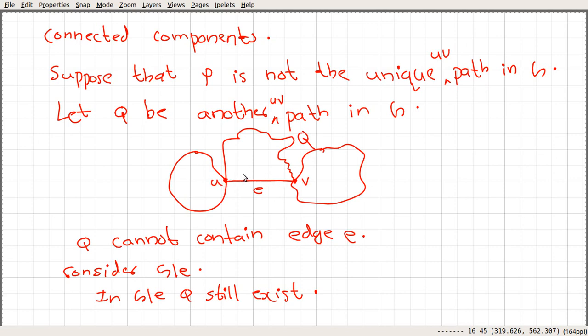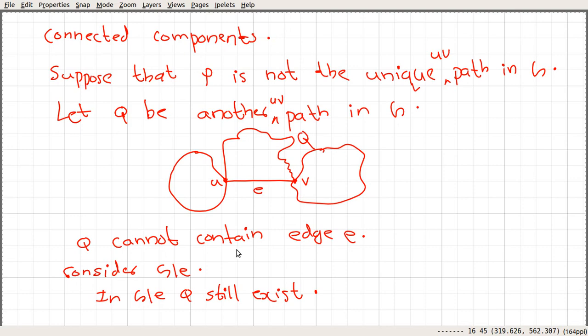If we are able to show that G minus E is still connected, then we have a contradiction because we deleted a cut edge from this graph. So we are going to show that G minus E is still connected.